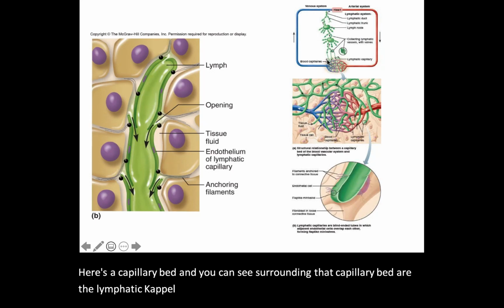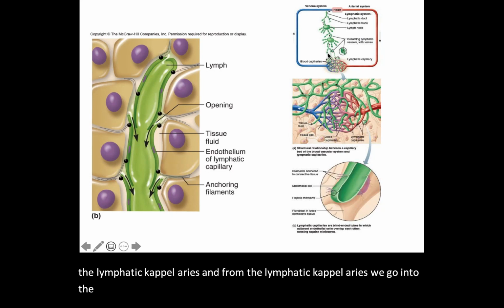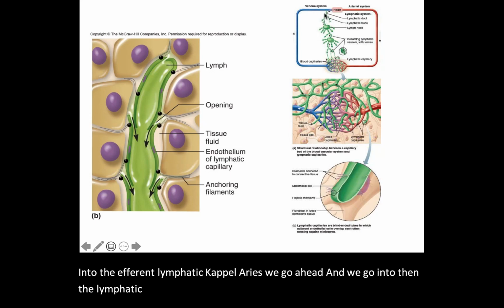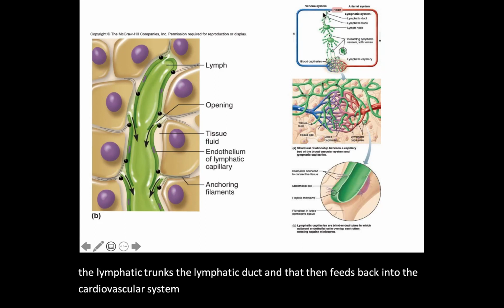And from the lymphatic capillaries, we go into the afferent lymphatic vessels, into the lymph nodes, into the efferent lymphatic vessels, and then into the lymphatic trunks, the lymphatic duct, and that then feeds back into the cardiovascular system. And we're going to look at this in a little bit more detail as well.